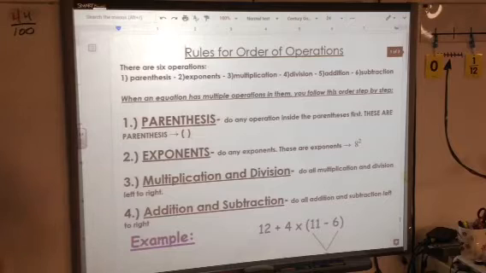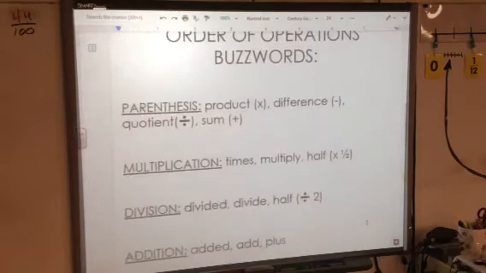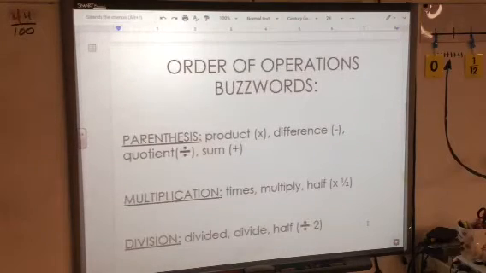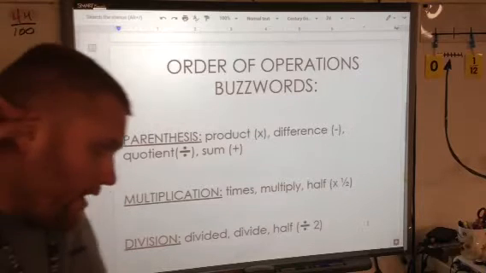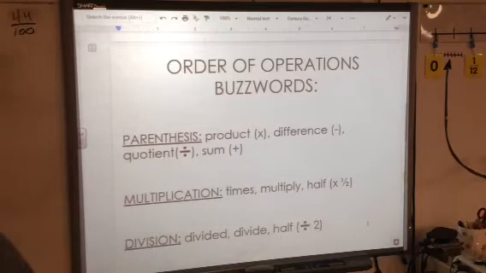Well, today it's going to be a little bit different, and that's why I included this sheet in the back, the buzzwords, because we're actually going to be given number sentences with word problems, and we're going to have to figure out how to write the expression using word forms before we actually evaluate or solve it.